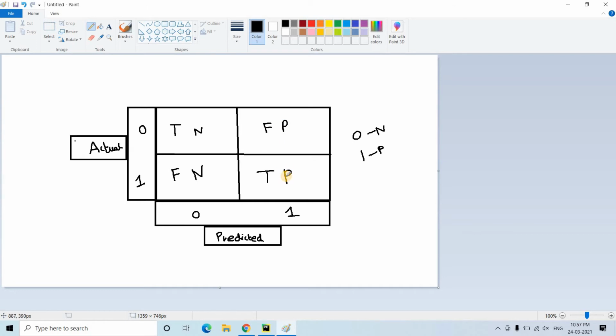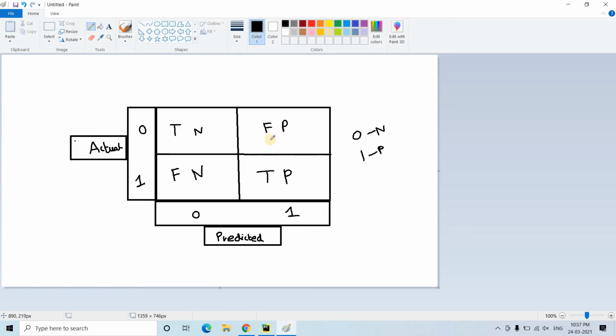So this is one kind of nomenclature, or format, to denote the elements of our confusion chart or confusion matrix. This is called TN, true negative, because 0 stands for N, that is negative, and T is true.